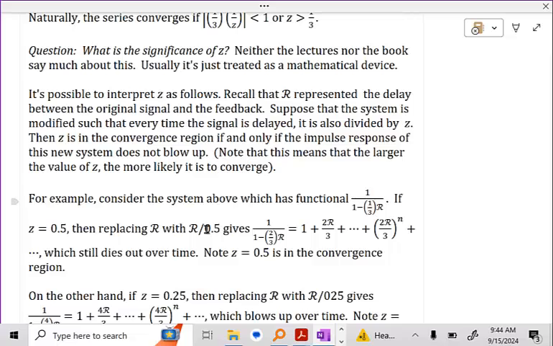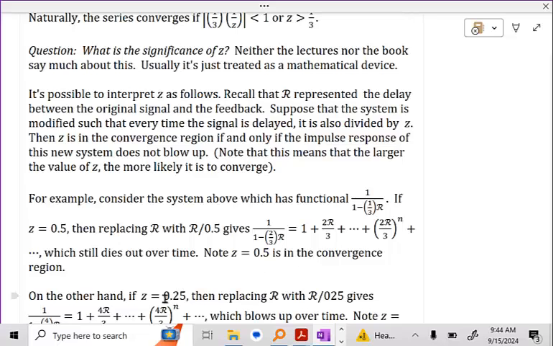So in fact, you're multiplying the signal by 2. That changes the response, and instead of the 1/3, you get 2/3. But this still dies out over time, right? Because (2/3)^n, when n gets large, still goes to 0. So z equals 0.5 is in the convergence region.